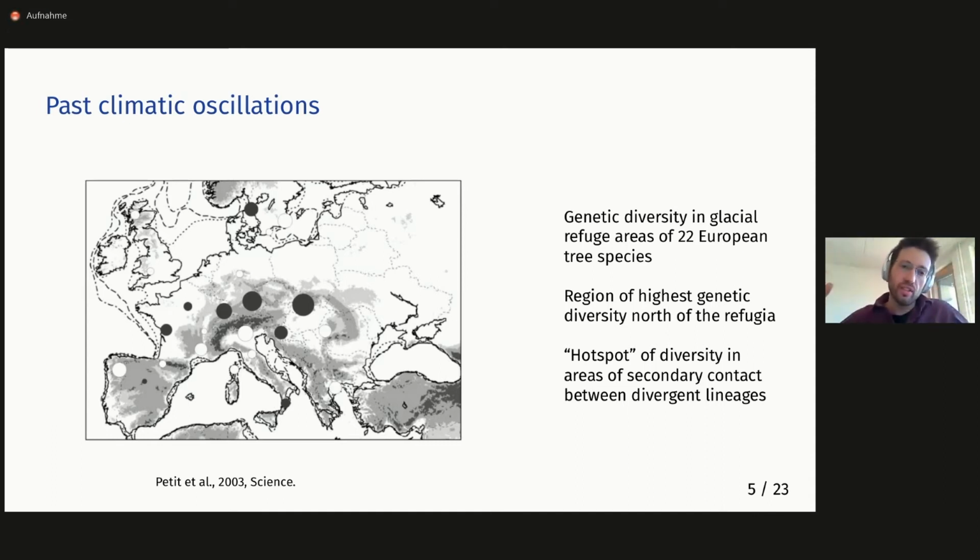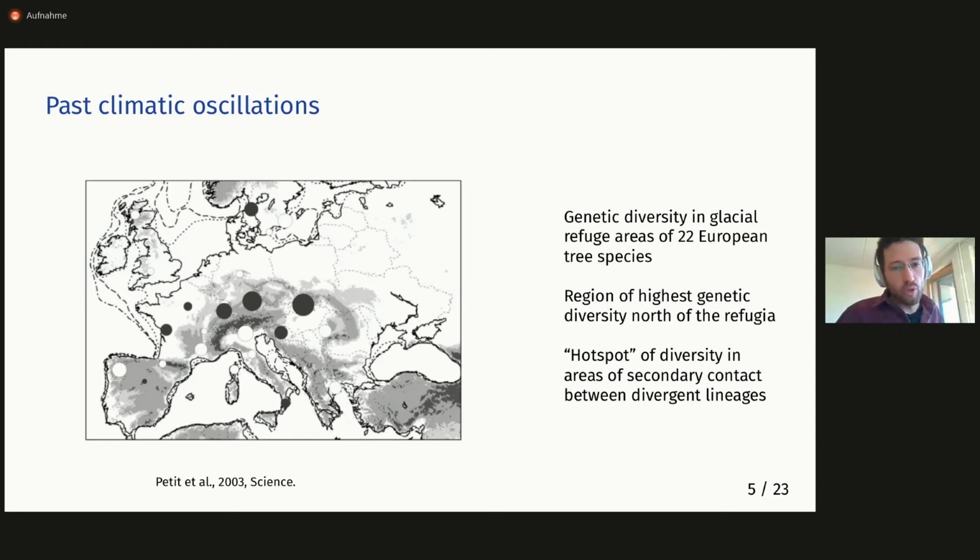So you can see that in this survey, the hotspots of genetic diversity, the areas with higher genetic diversity levels, were north of these glacial refugia, showing that you can have other processes, in this case a secondary contact of divergent lineages after the last glacial maximum.